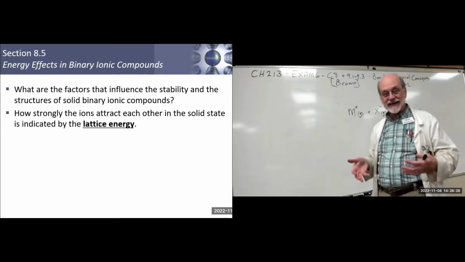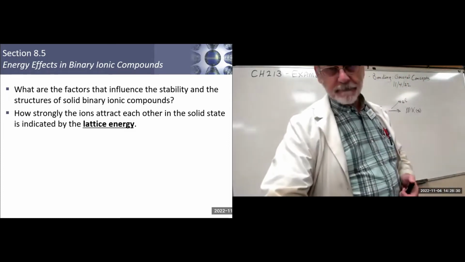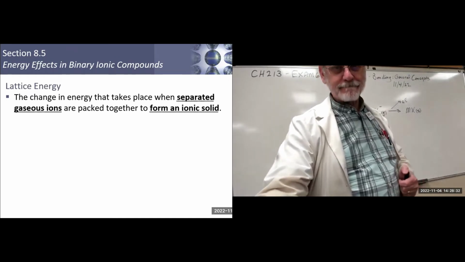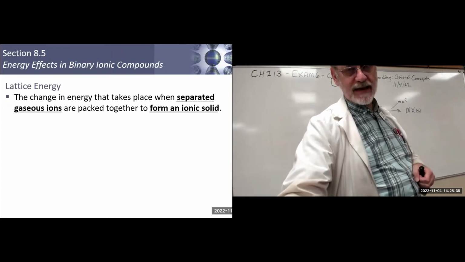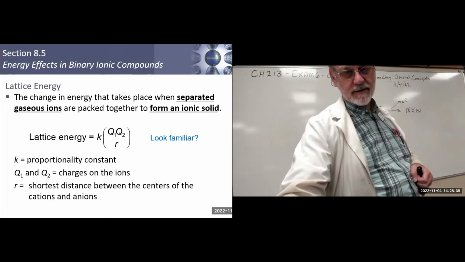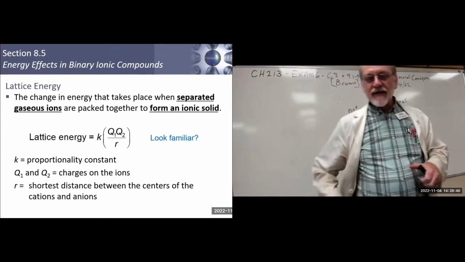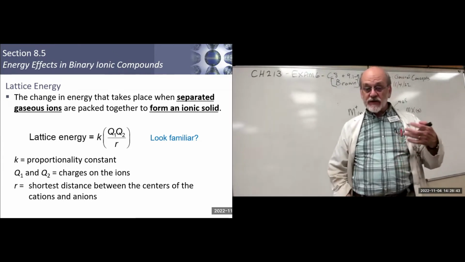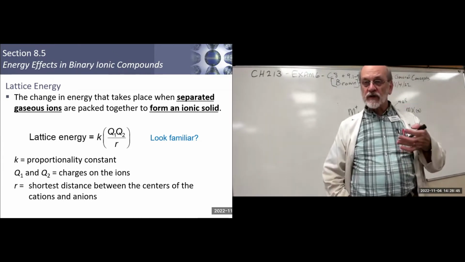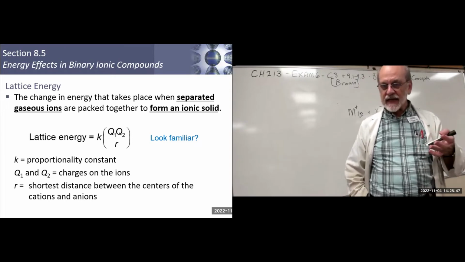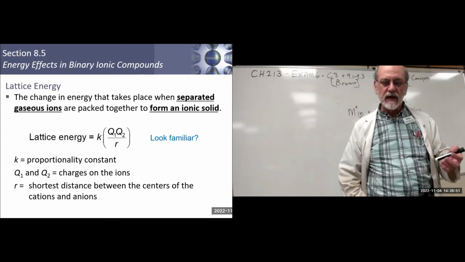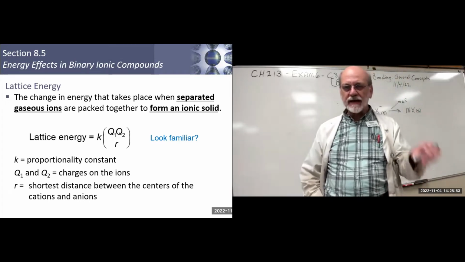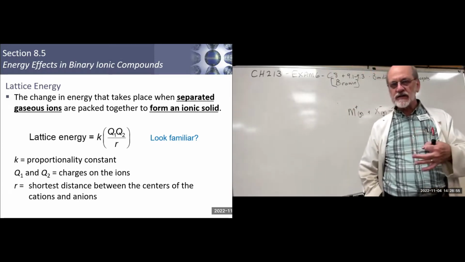And that would be the lattice energy. There's a word definition for the lattice energy. And the lattice energy can be related to Coulomb's law, where we have k as our proportionality constant, then the charge of the cation and the charge of the anion, and the distance between them.